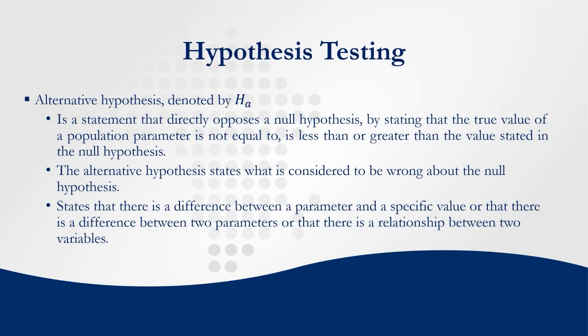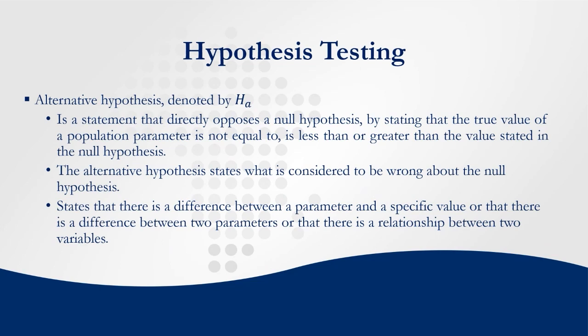So we have the null hypothesis, then we also have the alternate hypothesis, which will be a statement that directly opposes the null hypothesis. So our statistical tests are about the null hypothesis, but then we have an alternate hypothesis which will oppose it.